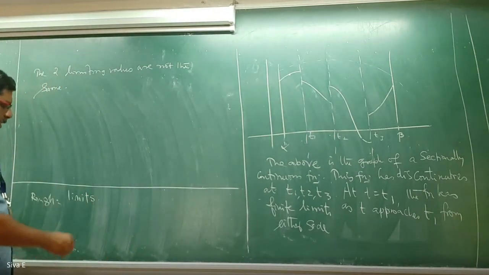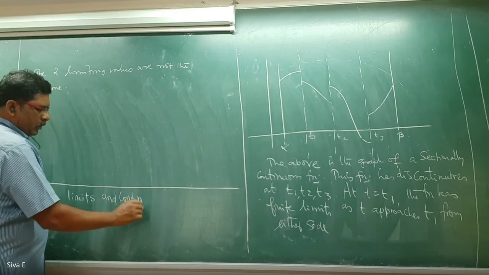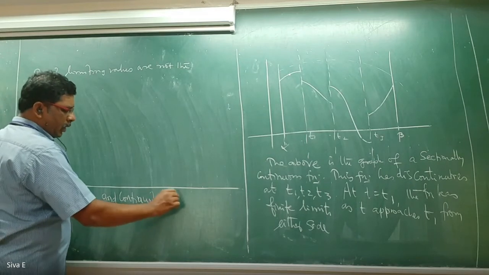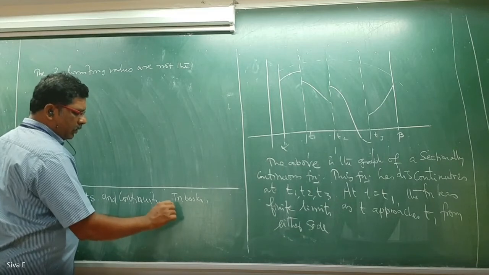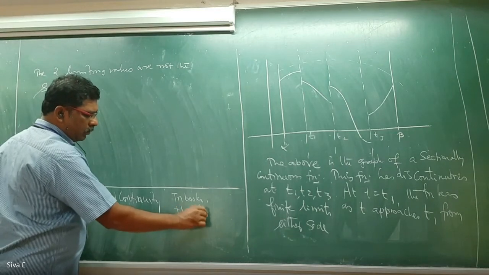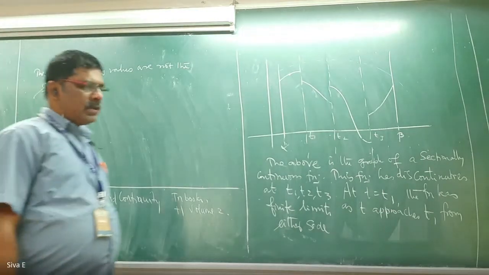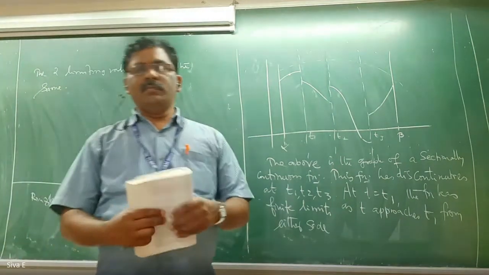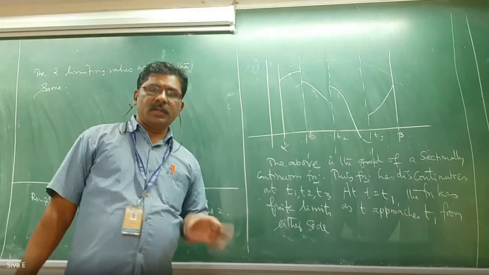The basics of limits and continuity are available in tnbooks.com. Download the Plus One Volume 2 book. All the books you can download. In it, limits and continuity is given very elaborately, with many examples, and you will get a clear-cut idea.